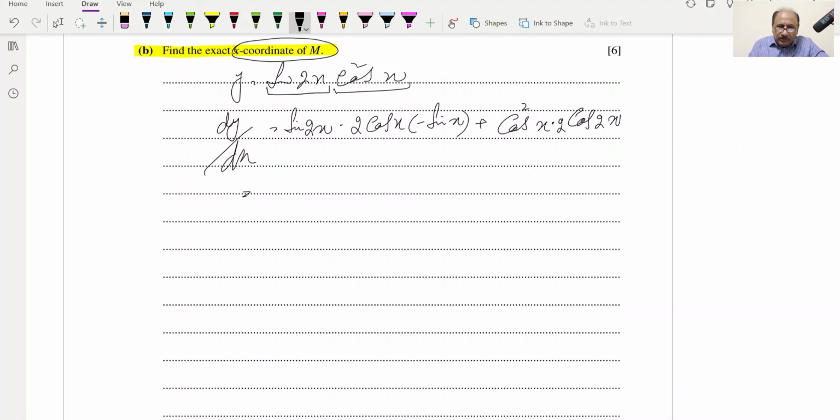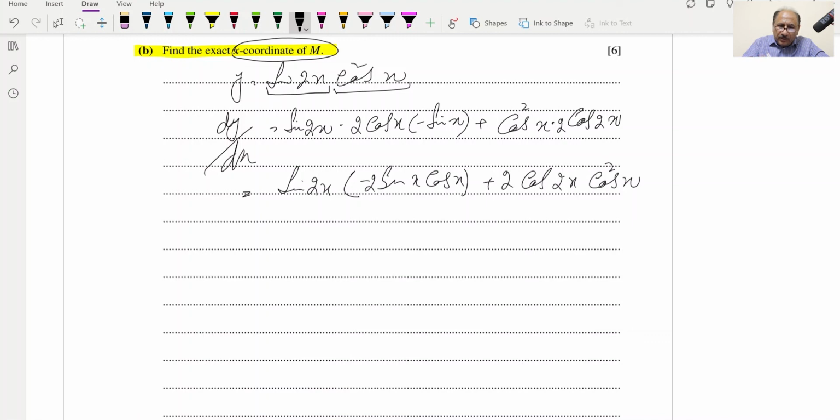Now we can rewrite it as sine 2x. We can write sine 2x, and inside we can write minus 2 sine x cos x, and plus this will be 2 cos 2x and cos square x, just arranged in a different way.